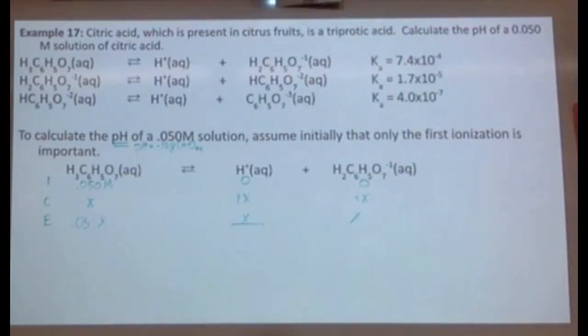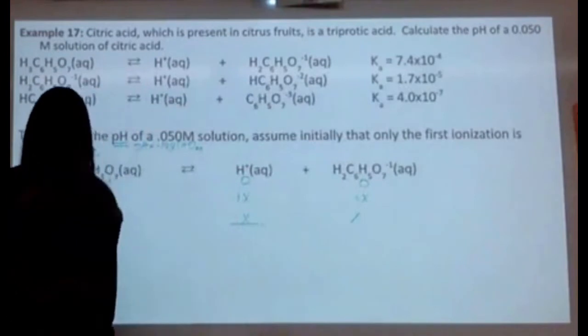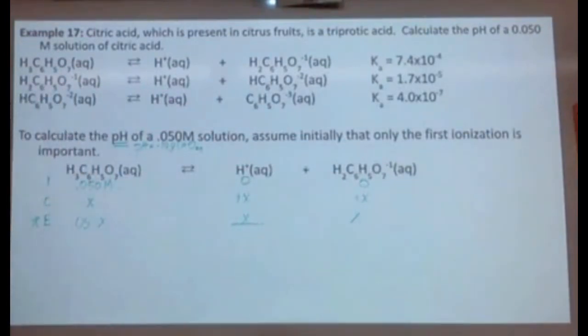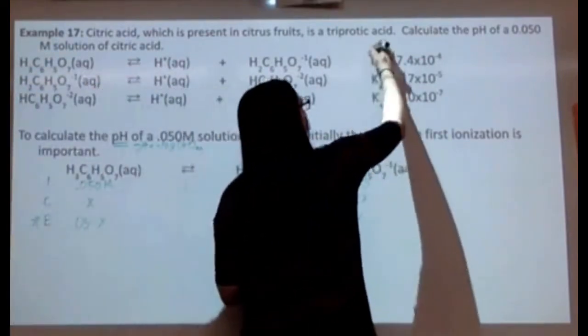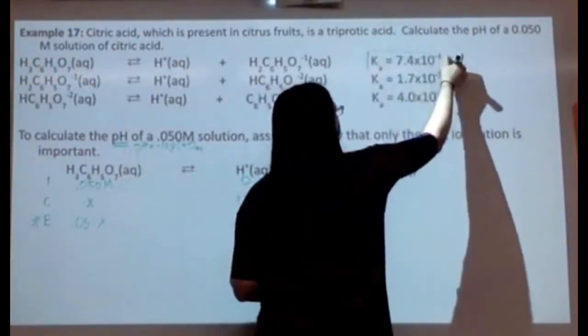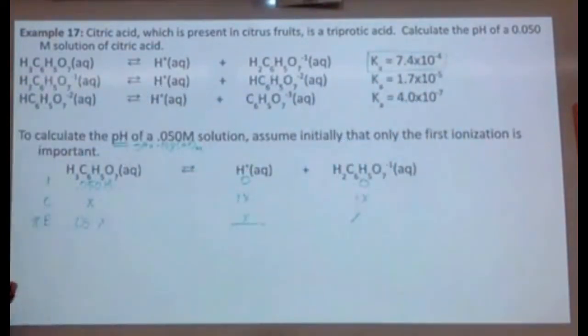Now you get to this part, and it's important to think about, okay, I have these variables at equilibrium. What can I use if I have equilibrium? Well, we have our Ka. We are only assuming that the first ionization is important, so we're using the Ka that goes with this equation.